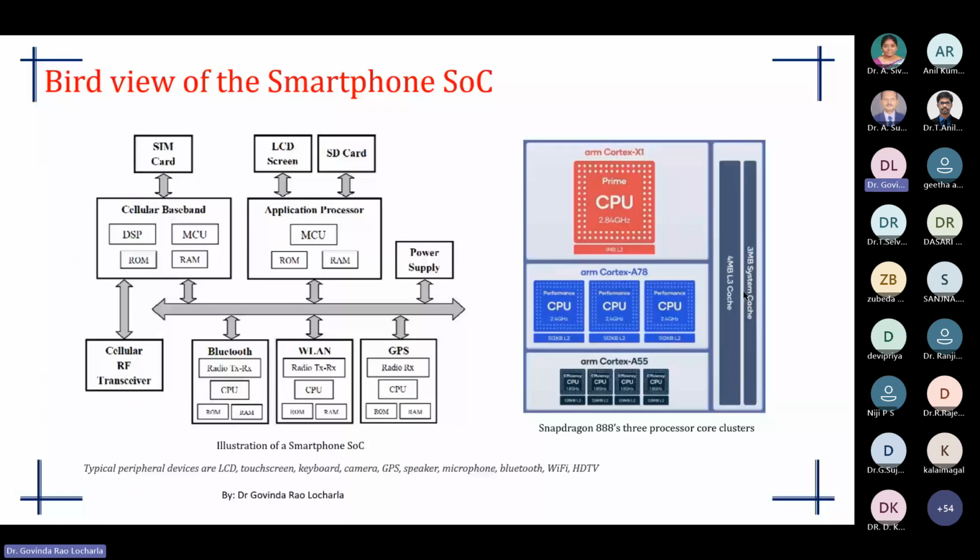Then we move to the body of the smartphone, which is composed of many blocks, each one a subsystem again.